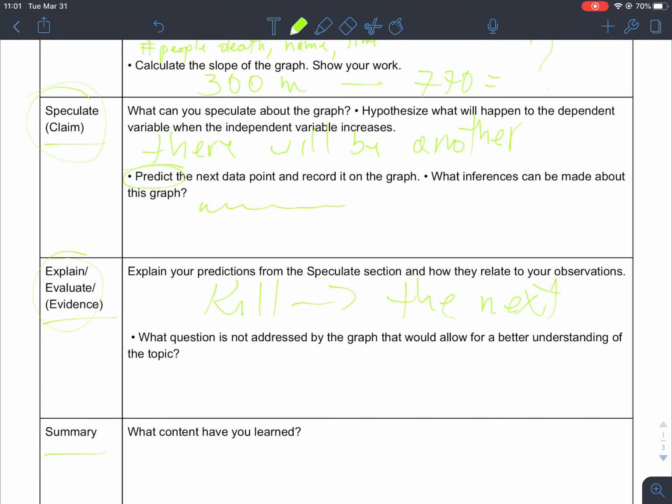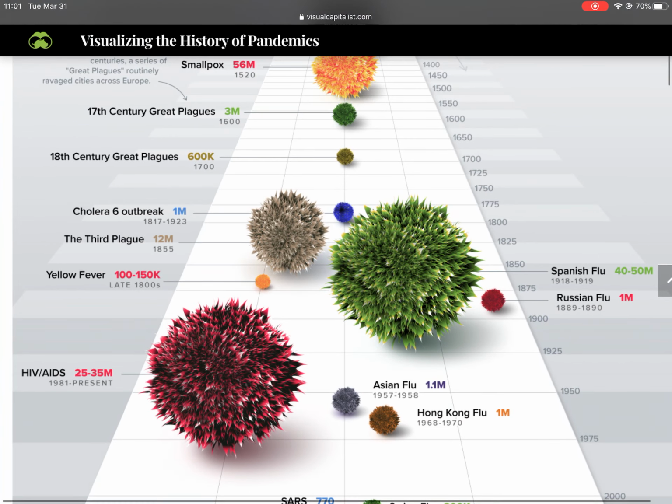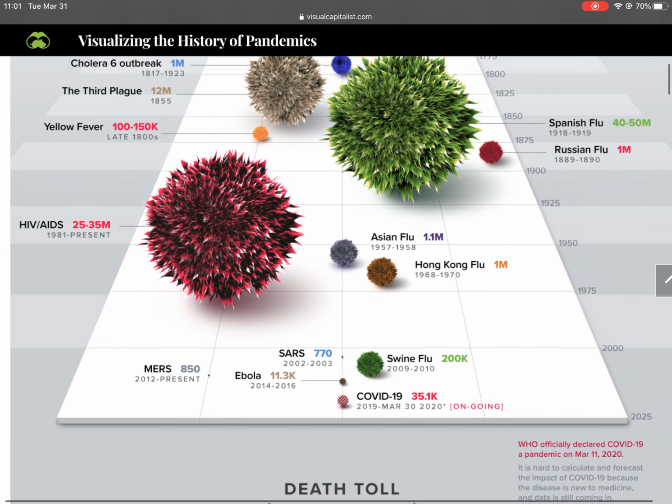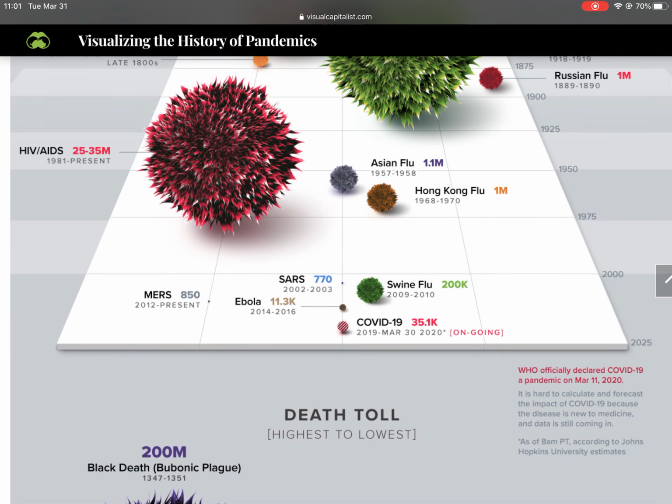And now in the last, what question is not addressed in the graph that would allow us to better understand the topic? I don't know. In this particular one, I can say, look at COVID-19 on the bottom right here. There's only up to this point, March 30th, 35,100 people dead.